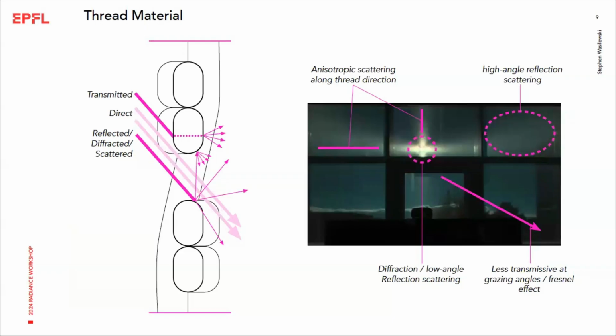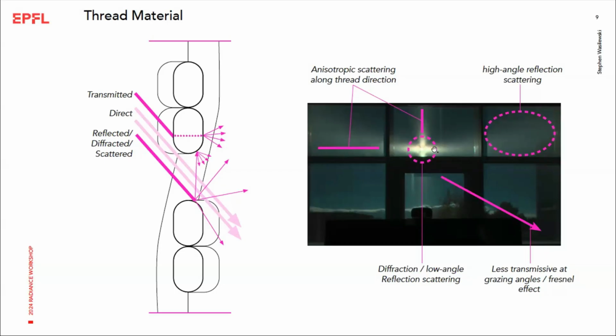Okay, so that handles mixing the thread and the air, but then we still have to figure out what to do with the thread. And there are a lot of different things going on here. We have this anisotropic scattering along the thread direction, at least for a basket weave, right? Because all the horizontal threads work like a micro louver, creating a vertical band, and then the vertical threads make horizontal bands.